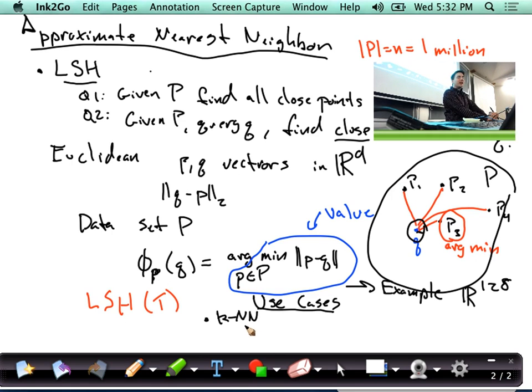So you find the K closest of these, and you build your prediction off of those. Maybe you take the average, or if you're trying to guess if it's true or false, you vote based on the K closest ones. And this works very well in a lot of settings if you've defined your distance well. So you need to answer these queries very quickly. You don't want to check against everything else.